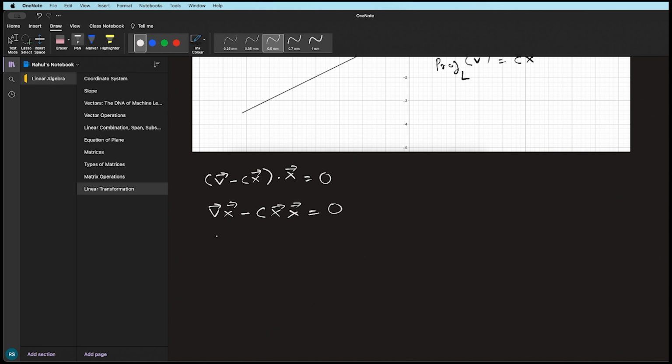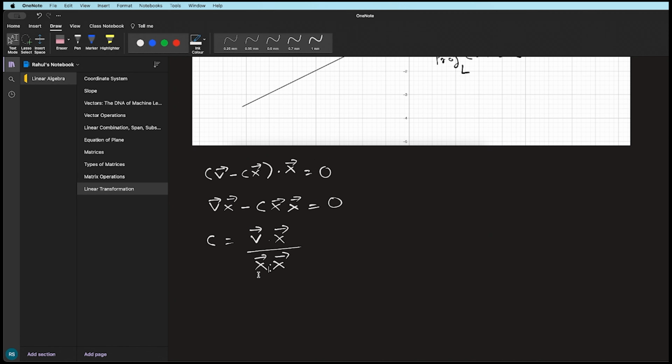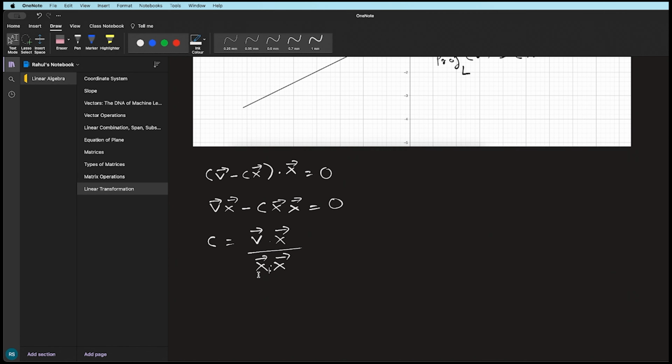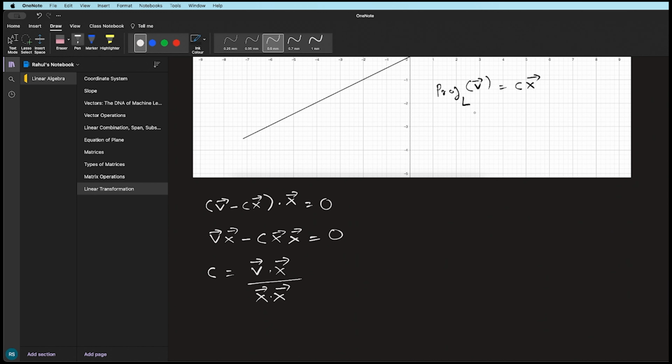So I can write the value of c as the dot product of vector v and vector x upon x dot x. So here we got the value of c. Now we will substitute the value of c into the formula for the projection.